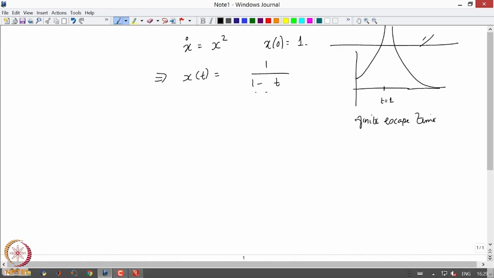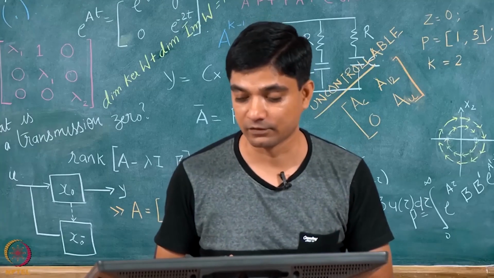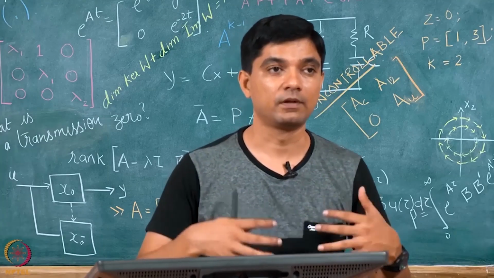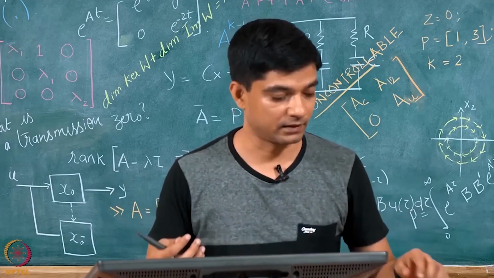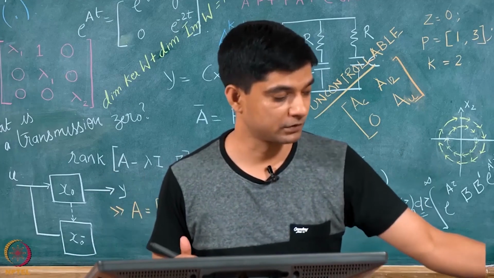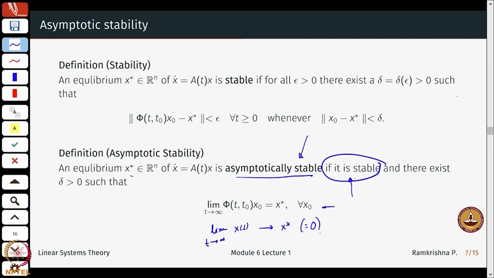Okay, a phenomenon not usually or almost never seen in the case of linear systems, and therefore to have a general notion of stability, we may have to impose this extra condition that first I need to check for stability, and then I need to check what happens to the solutions as time progresses, what happens asymptotically to the system.